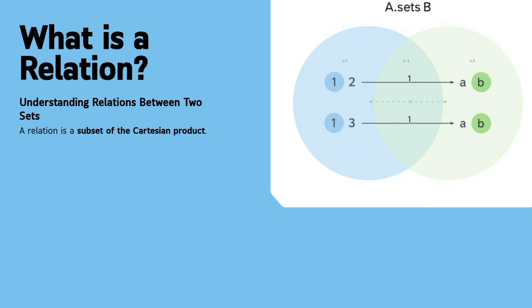Now, let's answer the big question. What is a relation? A relation is simply a subset of the Cartesian product of two sets. That sounds technical, so let's break it down.